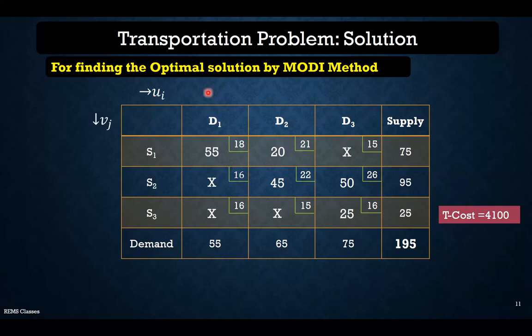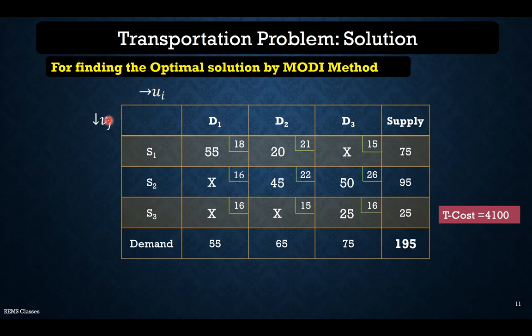In this particular column and row, we'll introduce the values of ui and vj, which are the dual multipliers. We will find the values of the dual multipliers ui and vj.